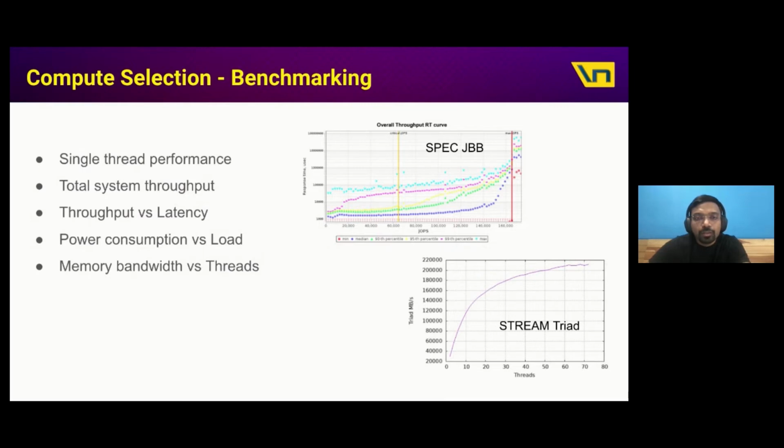We also measure the total power versus load curve, like we have shown in a previous slide. We also use the STREAM benchmark to see how memory bandwidth scales with the number of cores. So in summary, this is what we do in selecting a compute platform. We consider the CPU and platform design, the cost, power efficiency, and performance.